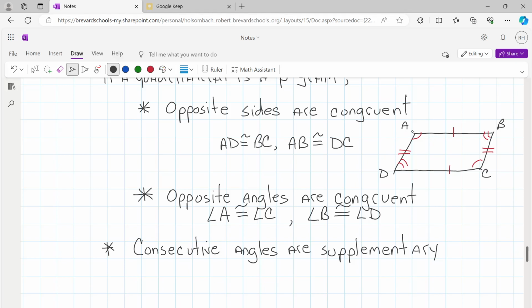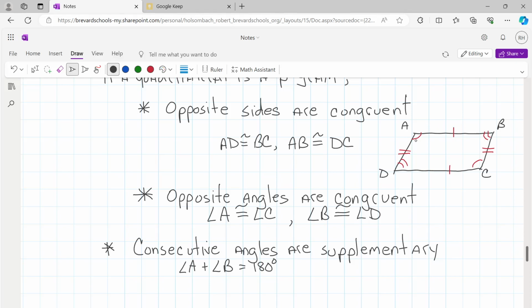Meaning if I start at angle A, and I go clockwise, plus angle B is equal to 180. Angle A and angle B are called consecutive angles.